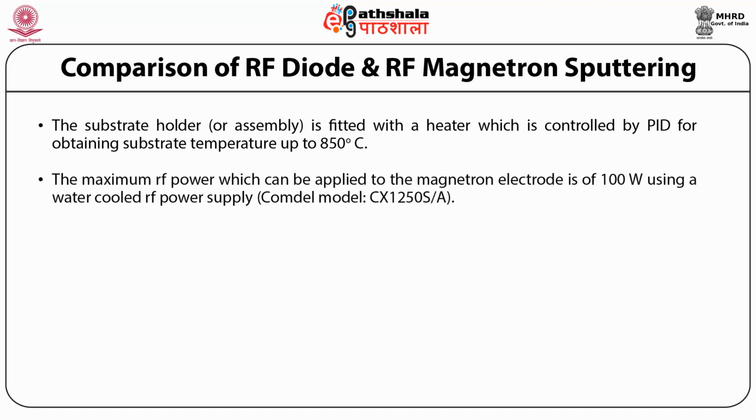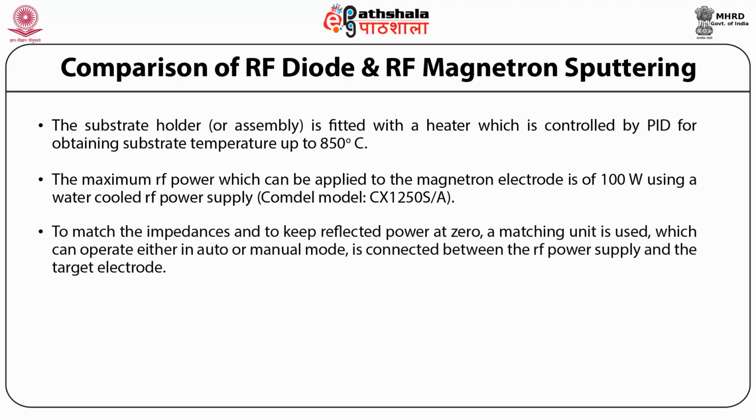The maximum RF supply which can be applied to the magnetron electrode is 100 watt using a water cooled RF power supply. To match the impedances and to keep the reflected power at 0, a matching unit is used which can operate either in auto or manual mode and is connected between the RF power supply and target electrode.